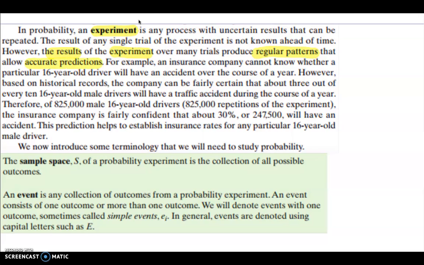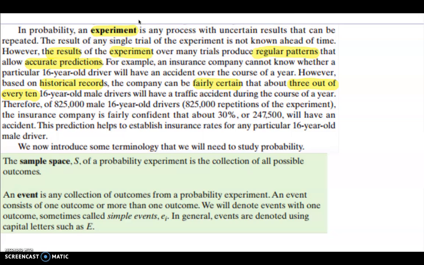For example, an insurance company cannot know whether a particular 16-year-old driver will have an accident over the course of the year. There's no way to predict that. However, based off of historical records, the company can be fairly certain that about 3 out of every 10 16-year-old male drivers will have a traffic accident during their first year of driving.